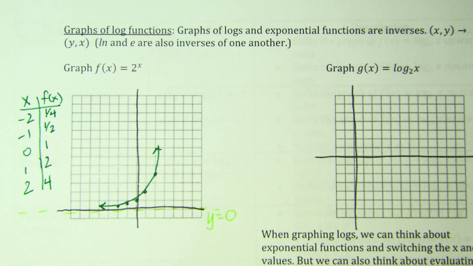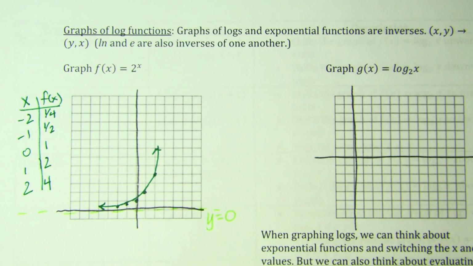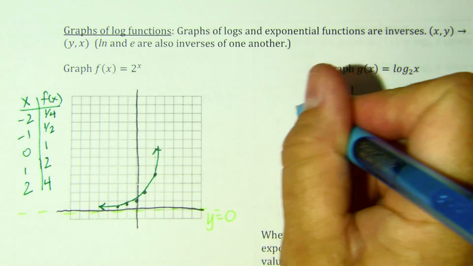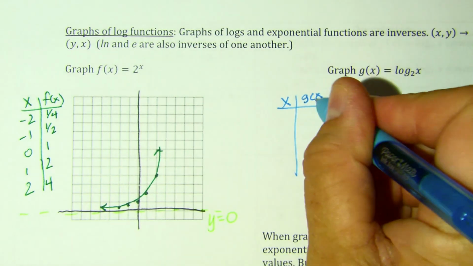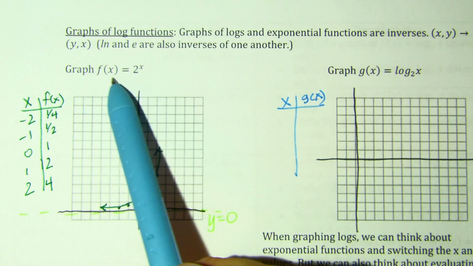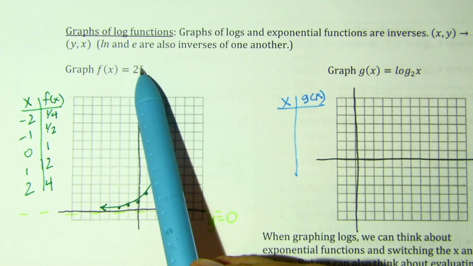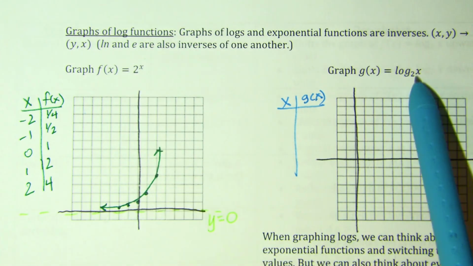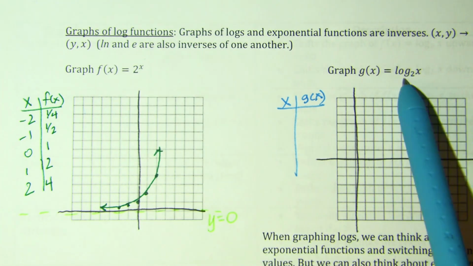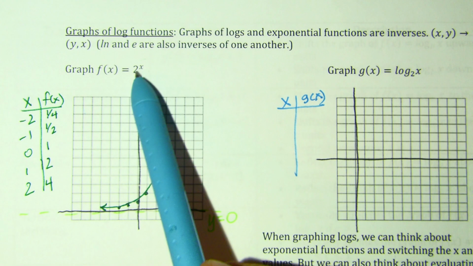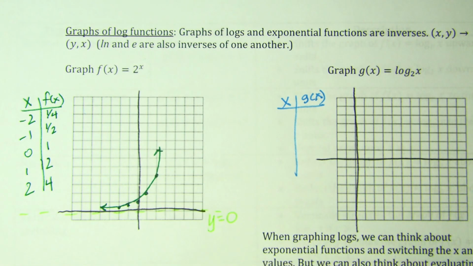Now remember, with inverses, when we went over inverse equations, our domain and our range switch. So here, f of x equals 2 to the power of x. This function is the inverse of log base 2 of x. Again, base 2 here, and log of x, and then 2 to the power of x. These are inverses of one another.